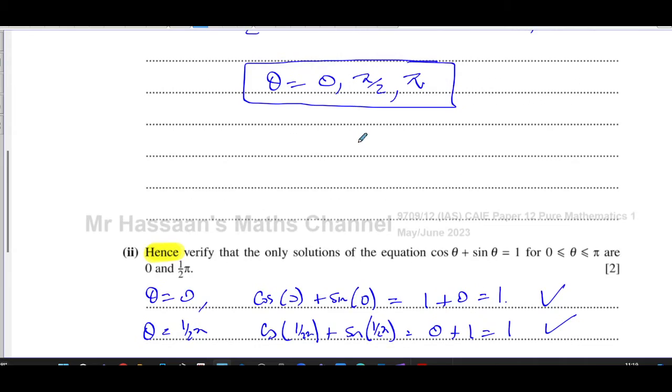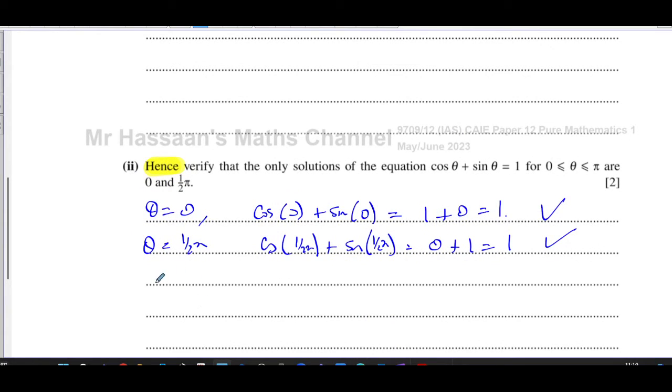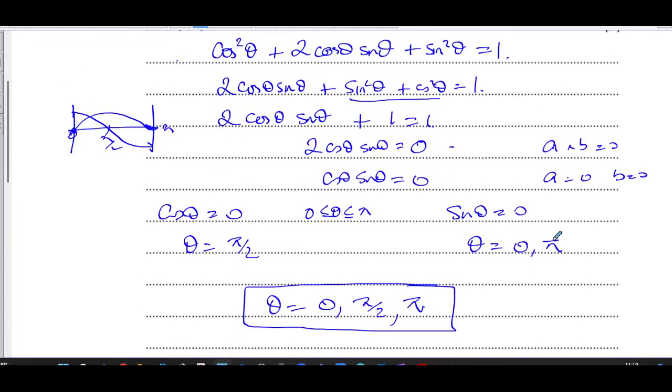If we try to use θ = π, we will end up with cos π + sin π, and you'll end up with minus 1 plus 0, which is minus 1, which is not a solution to this equation. You add them and you get minus 1, not plus 1.